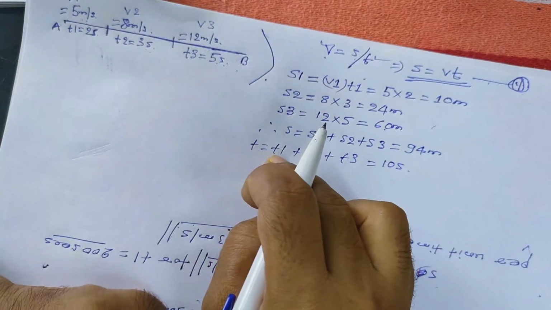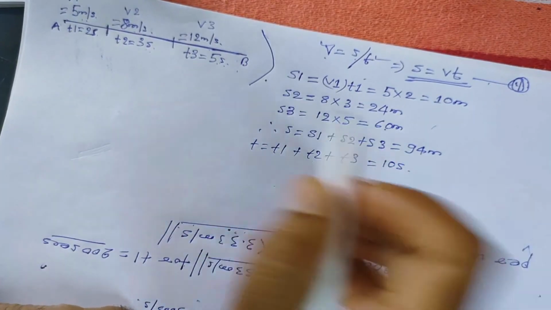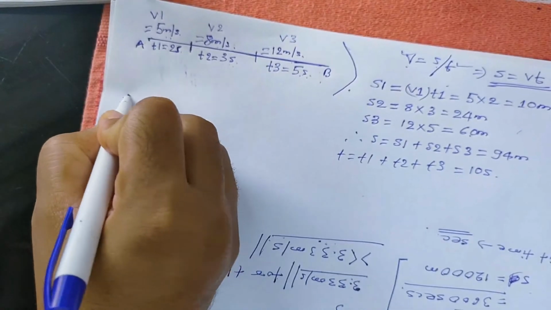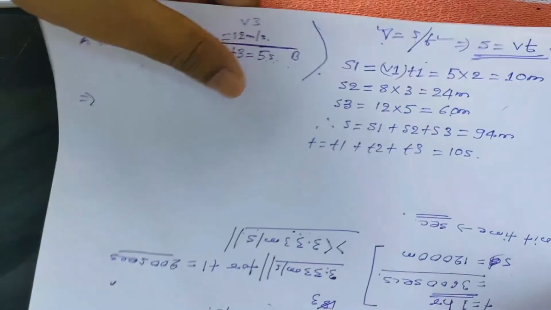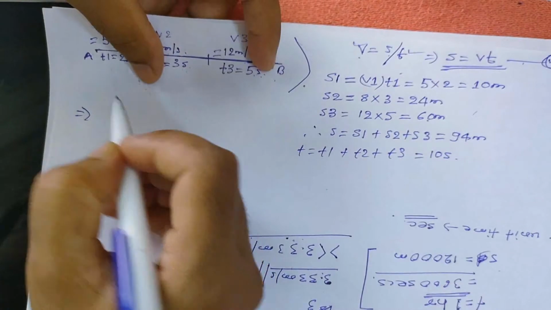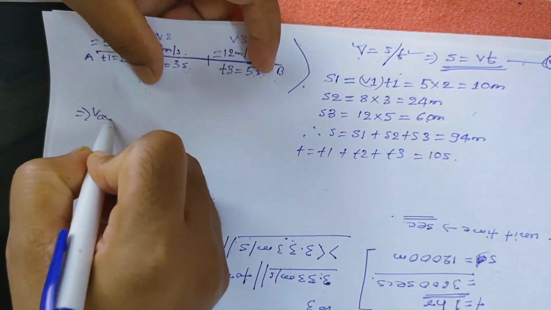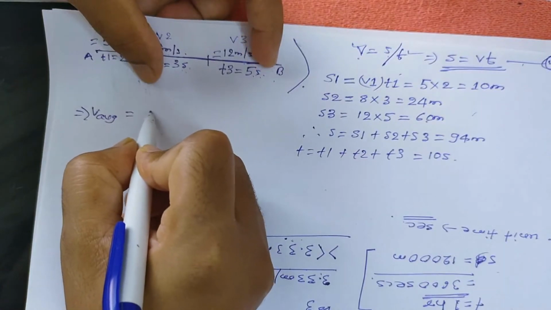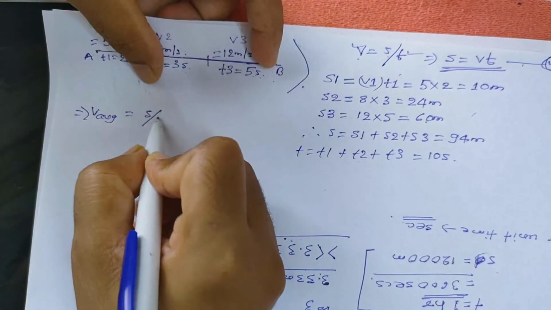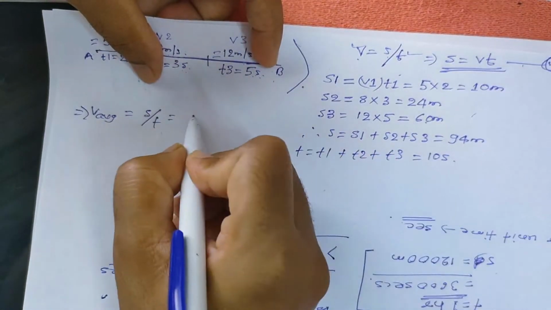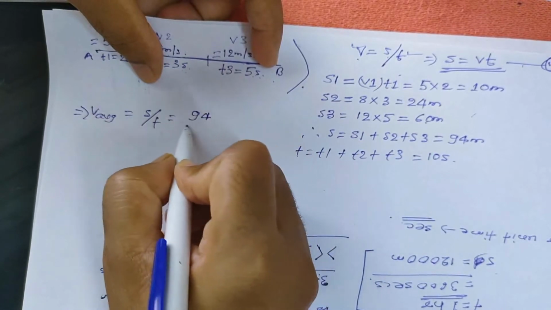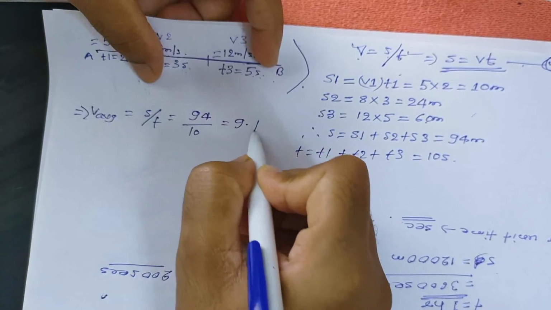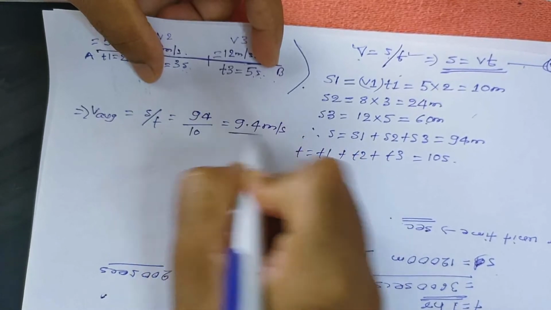So now the question is how to calculate average speed. So there is a formula for that. Formula says average speed is total distance covered, that is S, and total time spent, that is T. Total distance is 94 meter, and total time is 10 seconds. So the average speed will come out to be 9.4 meter per second.